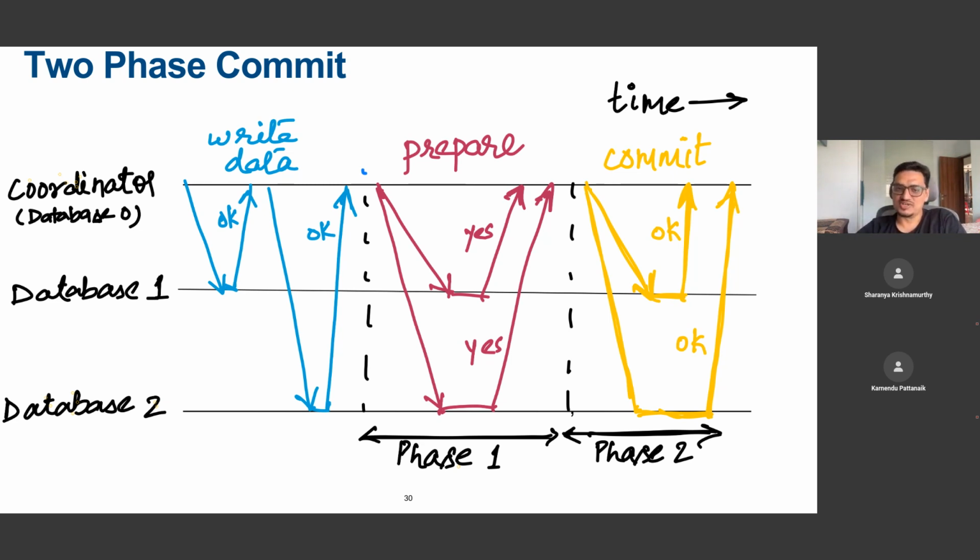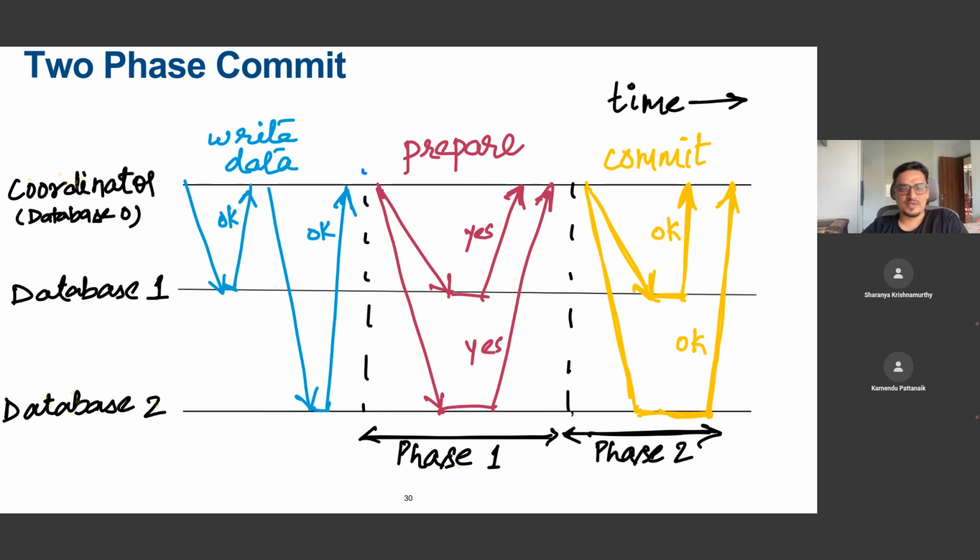There are other ways to do it as well, right? But we look at two-phase commit because this is really well adopted. All the databases that I put as examples in the previous slide, MySQL, Postgres, DynamoDB, all of them implement two-phase commit.